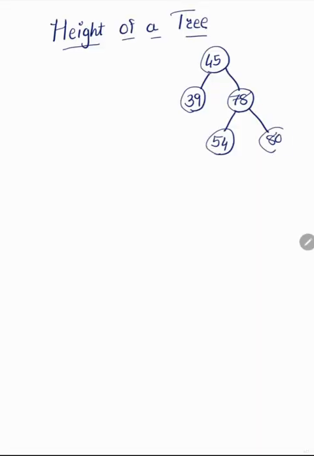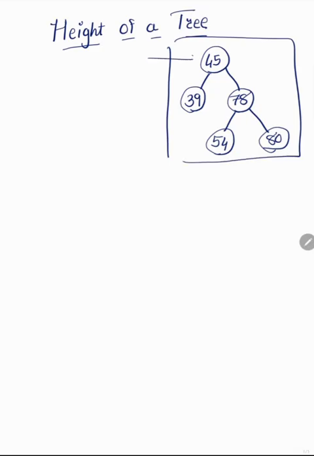So if we have this tree, to determine the height of the entire tree, we need to find the height of the root. So the height of the tree is equal to the height of the root.